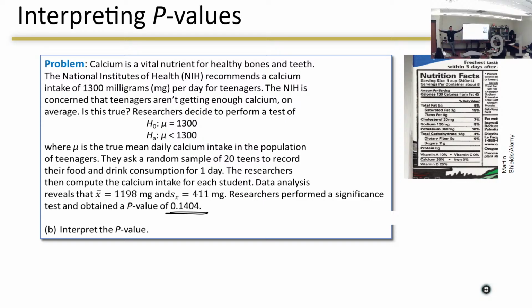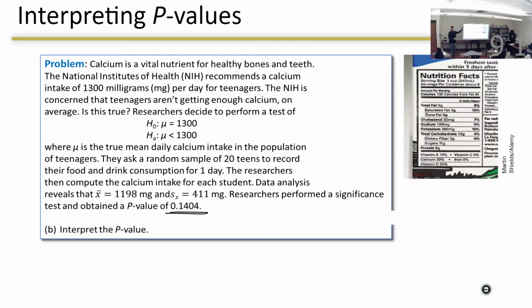Do I have statistical evidence? No. Because that 0.14 is bigger than what number we've been using all year? 0.05. 0.14, I expect to see that 14% of the time. That's not surprising. So I can't dispute that claim.